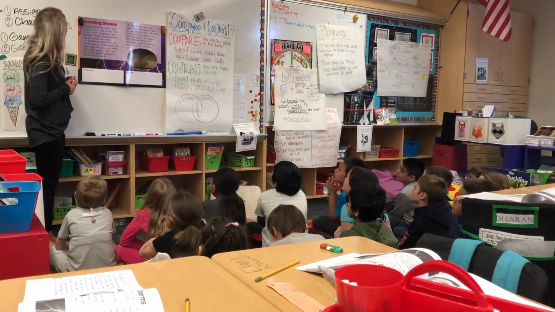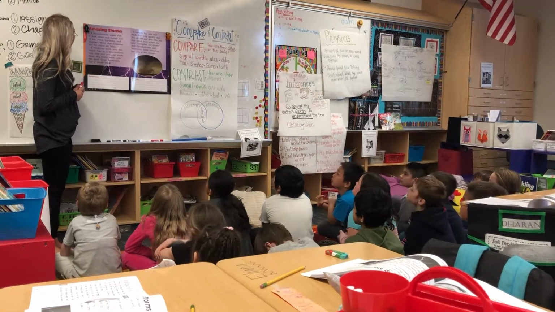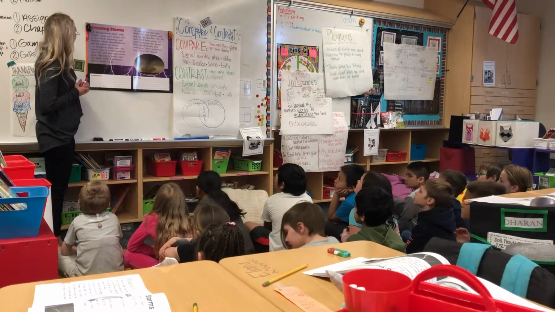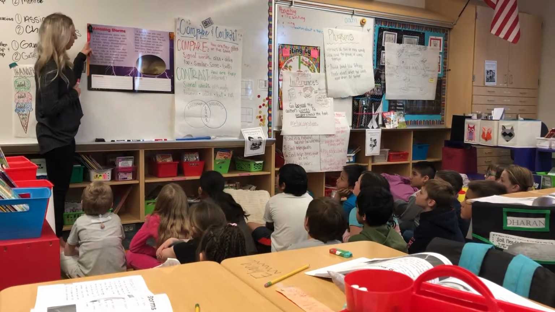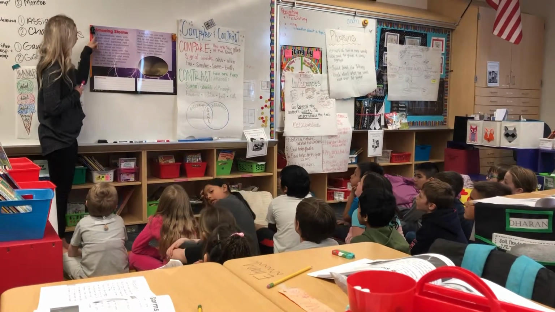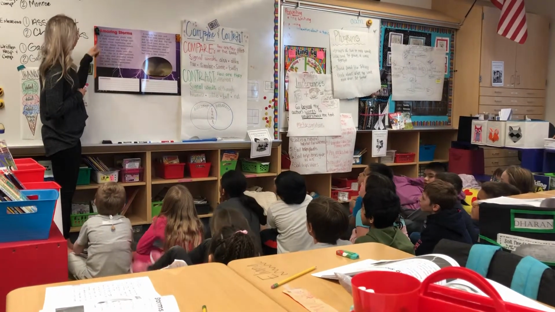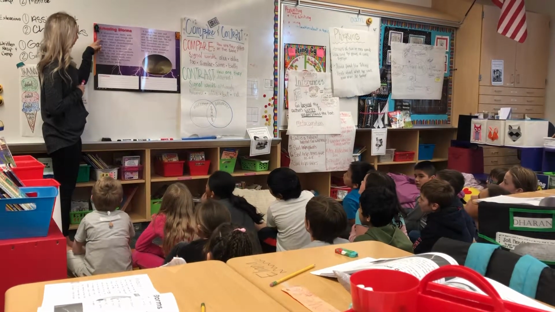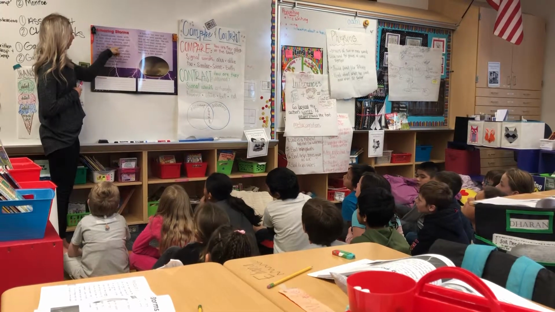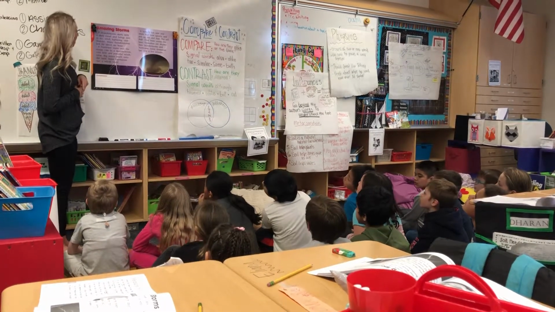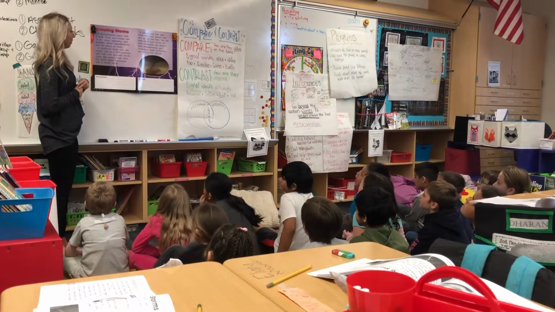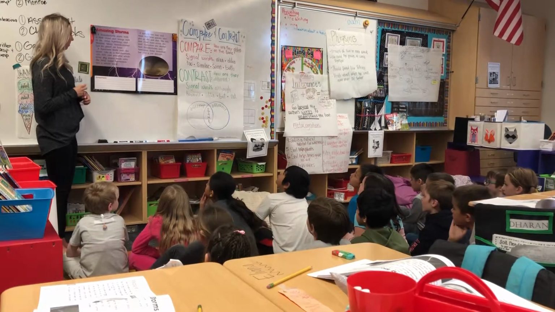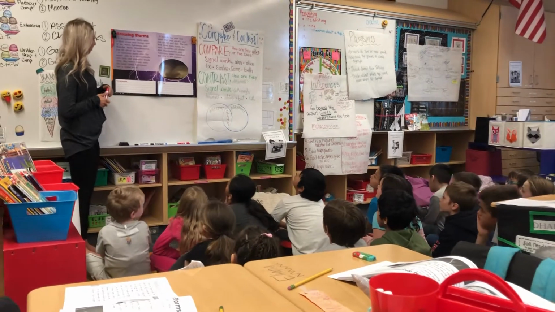A thunderstorm starts with a dark cloud and brings rain or ice, wind, lightning, and thunder. Many thunderstorms last for about an hour.